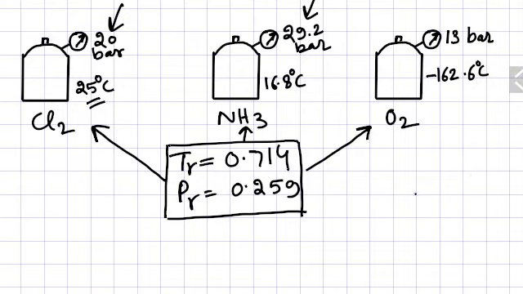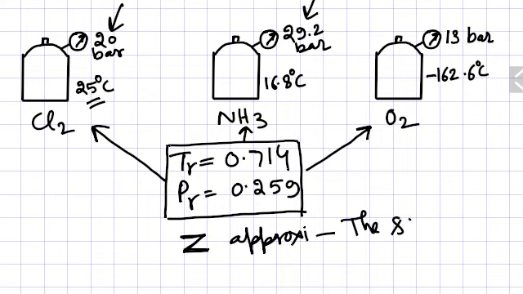By experimentation it was found that if substances are at the same reduced temperature and reduced pressure, then their compressibility factor Z is approximately the same, or you can say they will have the same compressibility factor.